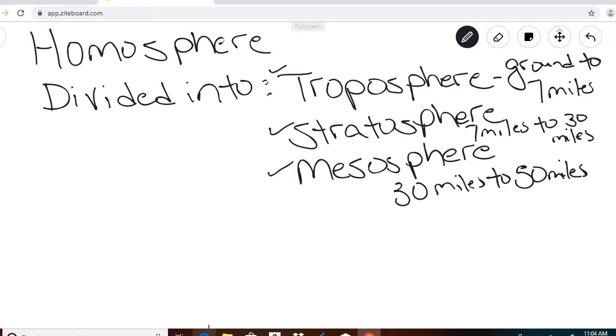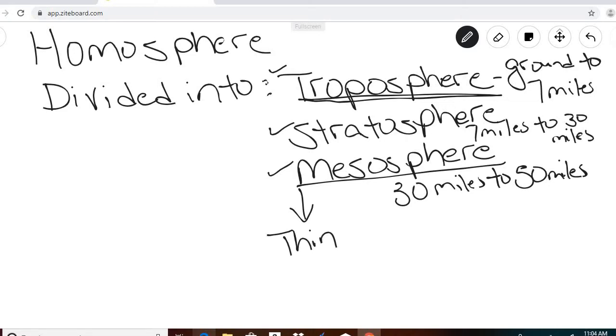So there's more pressure in the troposphere and less pressure in the mesosphere. So we would say that the mesosphere is thin air, just because with less pressure there's going to be less air pressing down.